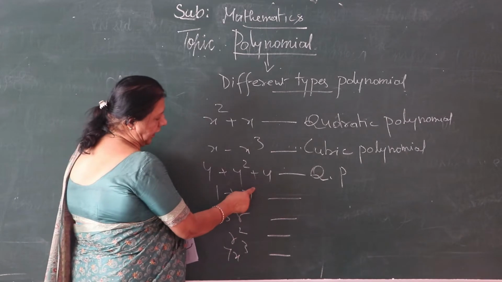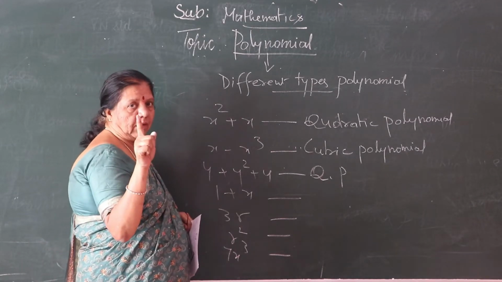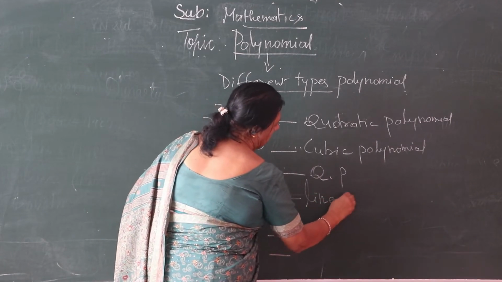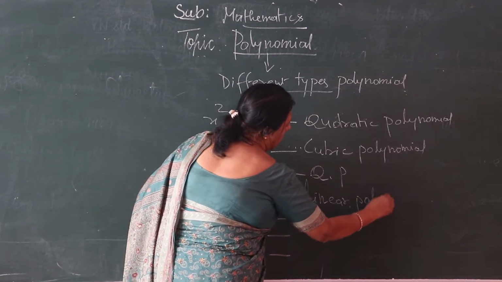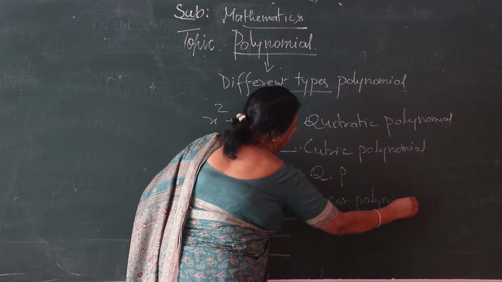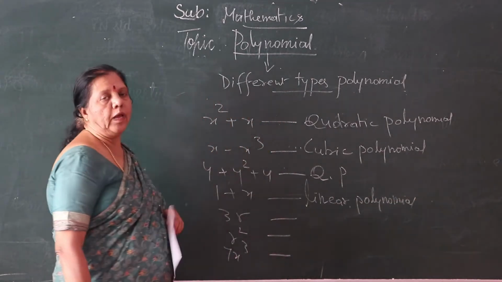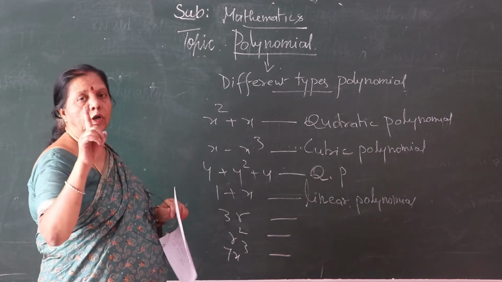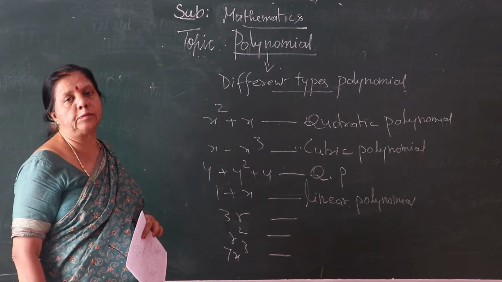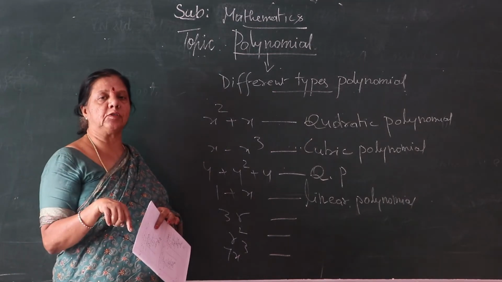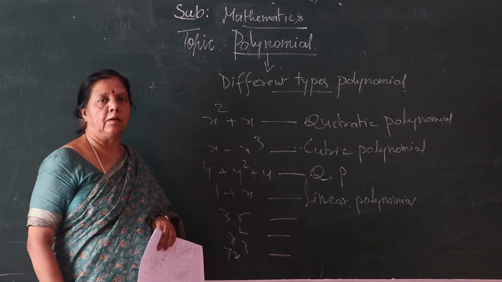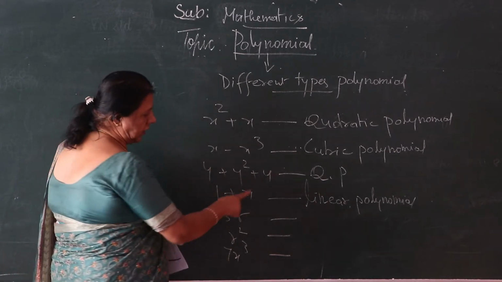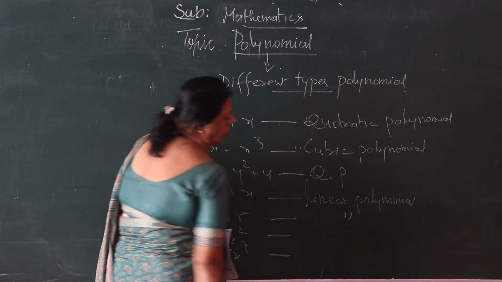If there is nothing written, that is 1. 1 means what? Linear polynomial. Follow children. This is in exercise 4.1, the last main in your textbook. All of you open your textbook and see all these things. But now here in 3r, the power is 1. That is a linear polynomial.